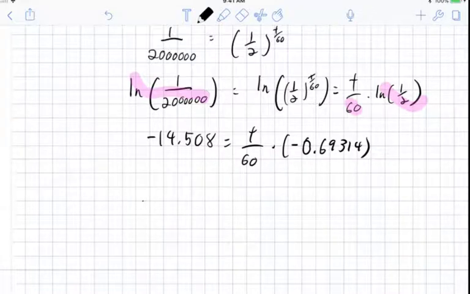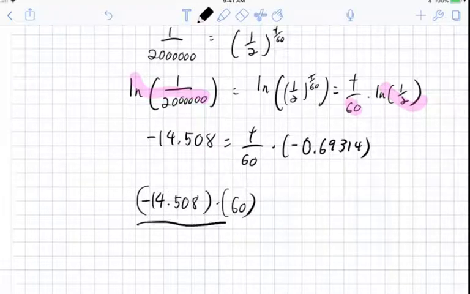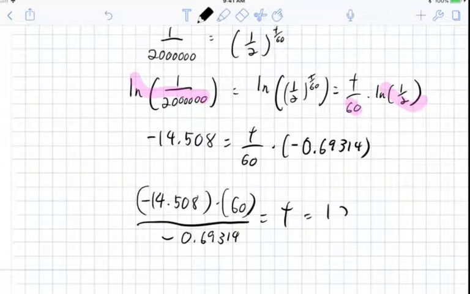Multiply everything by 60. Divide everything by minus 0.69314. And that gives you the value of t. t is equal to 1255 days.